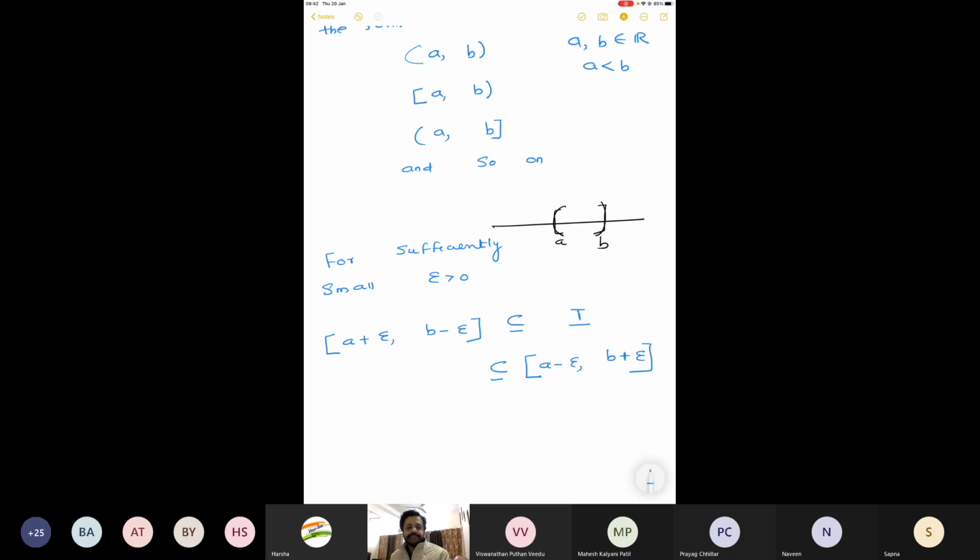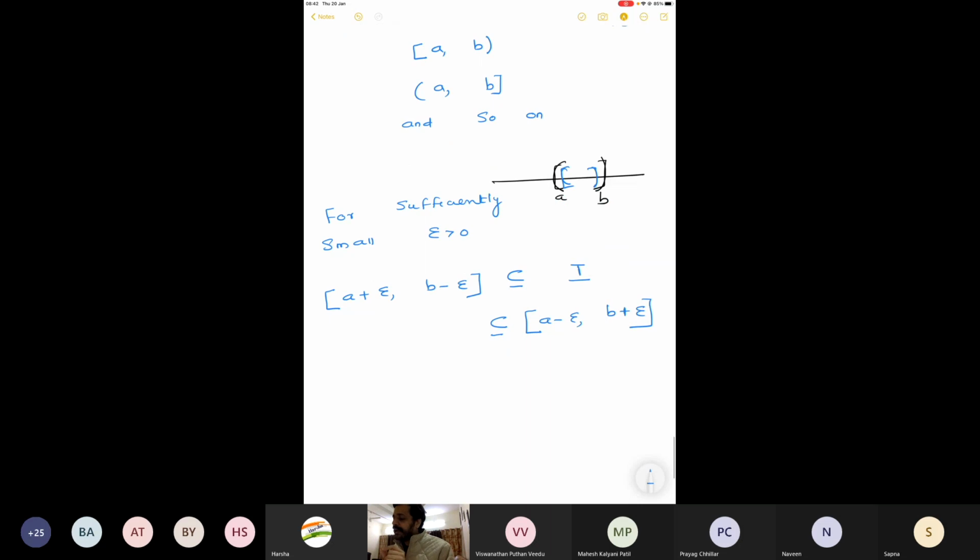Do you agree? Yes, sir. Obvious, right? I may be open, semi-open, semi-closed, whatever it is. Now I sandwiched I between two closed bounded intervals.